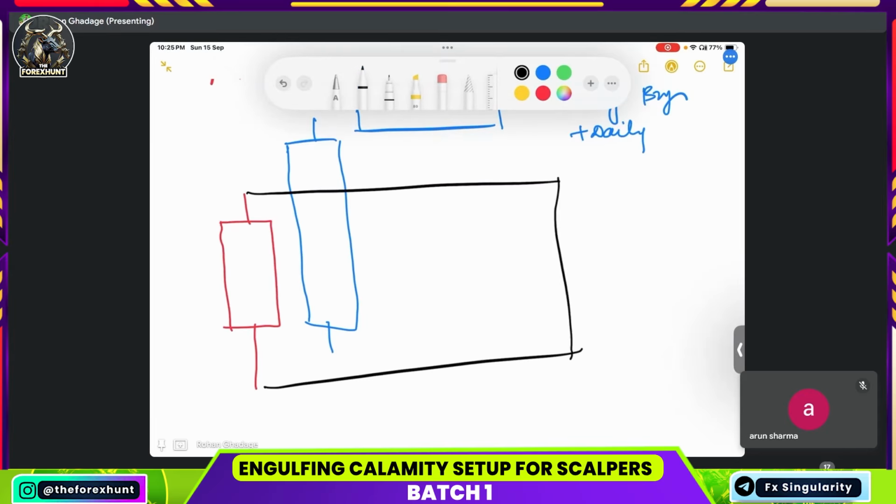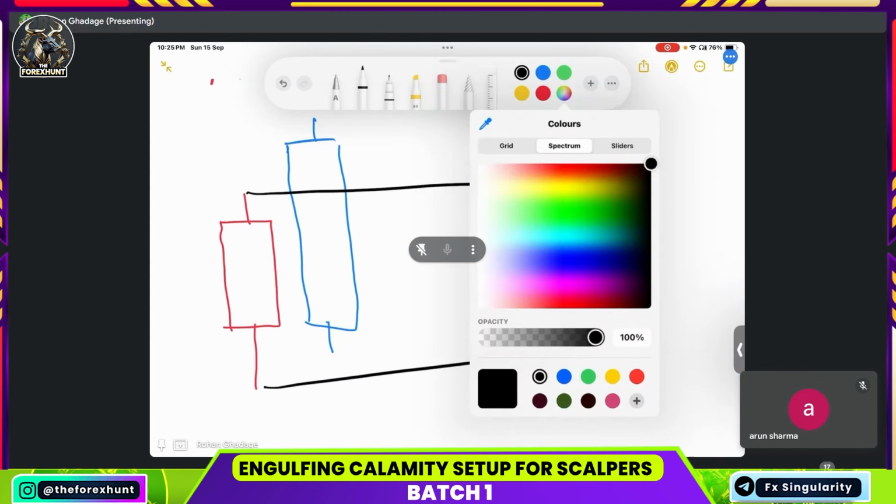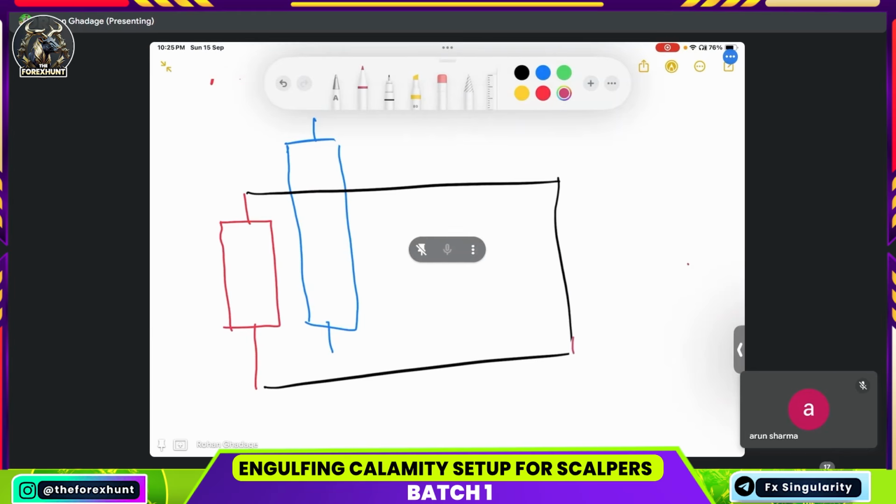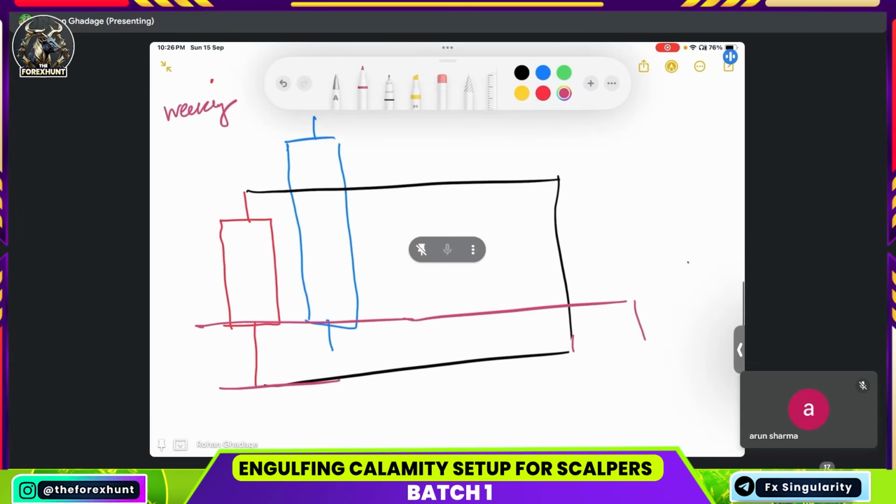Okay, sorry, I have to delete this one. Okay, so now see. If you have a zone in this weekly buy, if any H4 forms here, okay, I'm taking three colors so that you can understand: this one, and this one green.